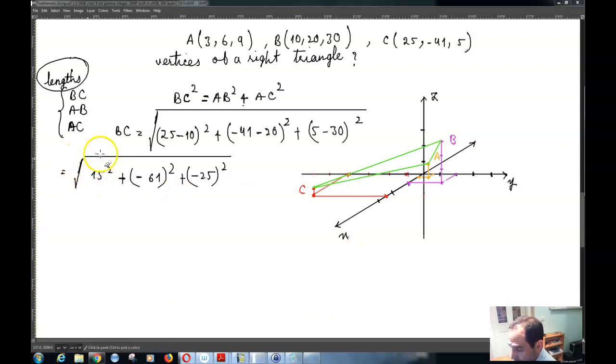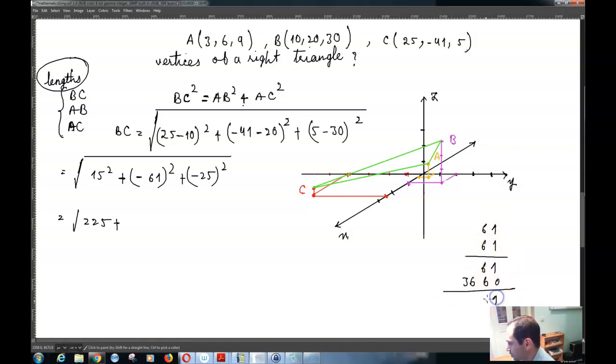So 15 squared is equal to 225. 61 squared, 61 times 61, is 3721, and 25 squared is equal to 625.